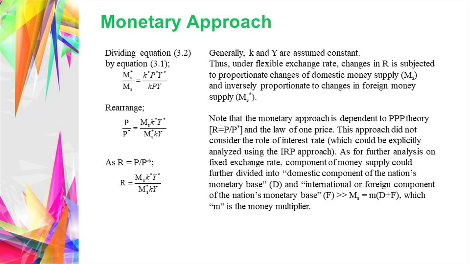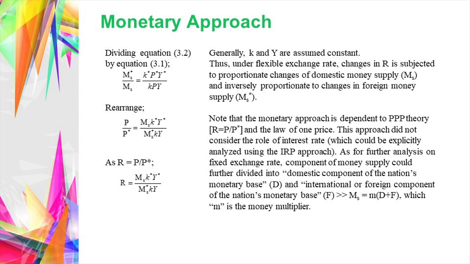Solving some equations as shown and applying the PPP definition of exchange rate, where R equals domestic price level divided by foreign price level, the formula for the monetary approach in exchange rate determination is R equals M multiplied by K asterisk multiplied by Y asterisk, divided by M asterisk multiplied by K multiplied by Y. Generally, K and Y are assumed constant.